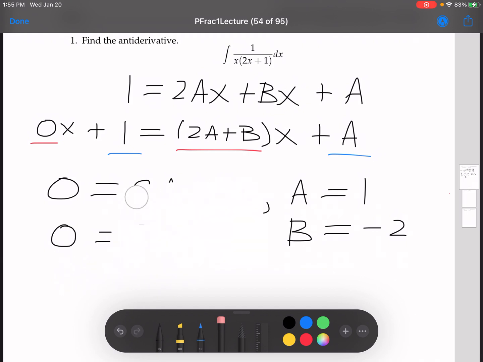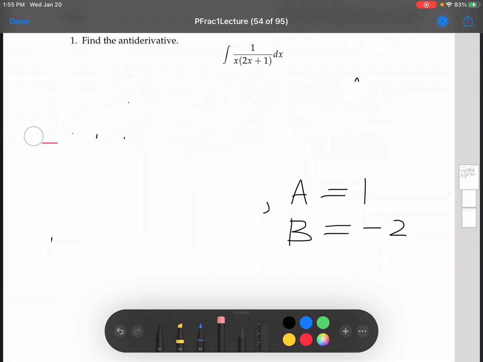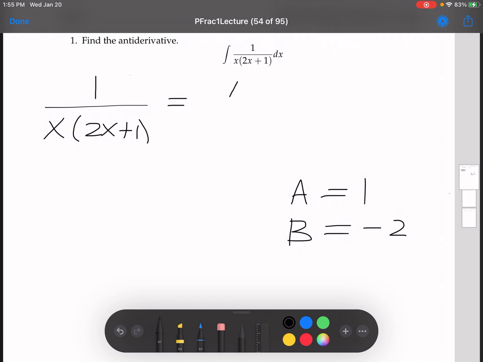And now remember where we started. We started by trying to solve for A and B when we first did the initial setup and wrote 1 over x times 2x plus 1 is equal to A over x plus B over 2x plus 1.